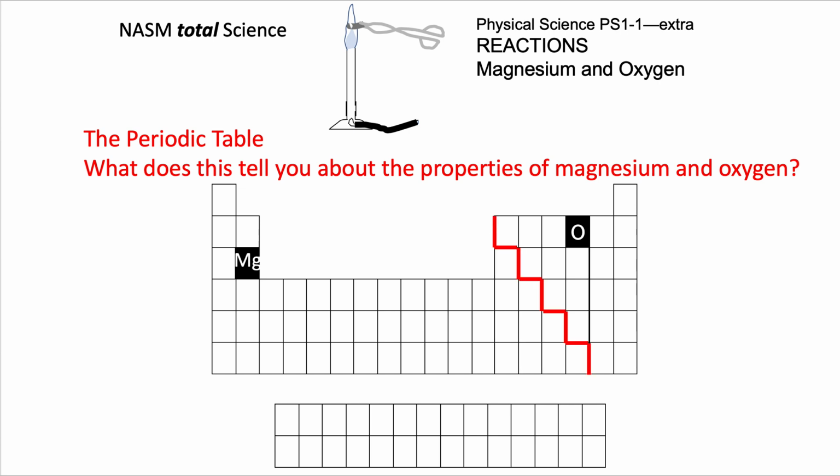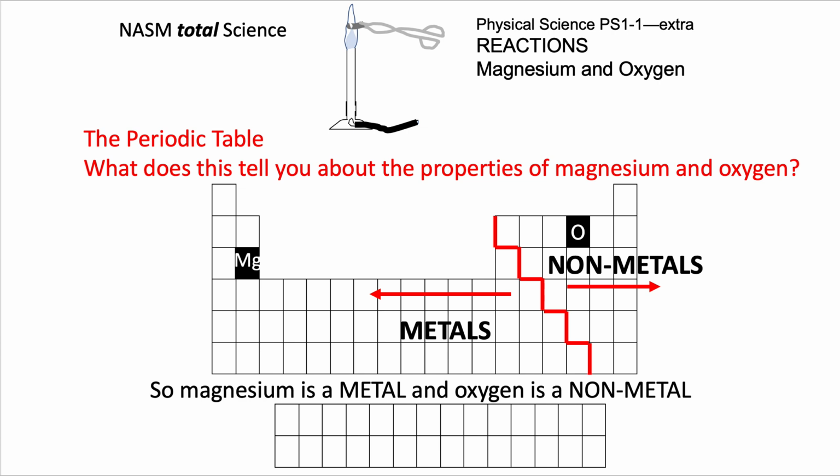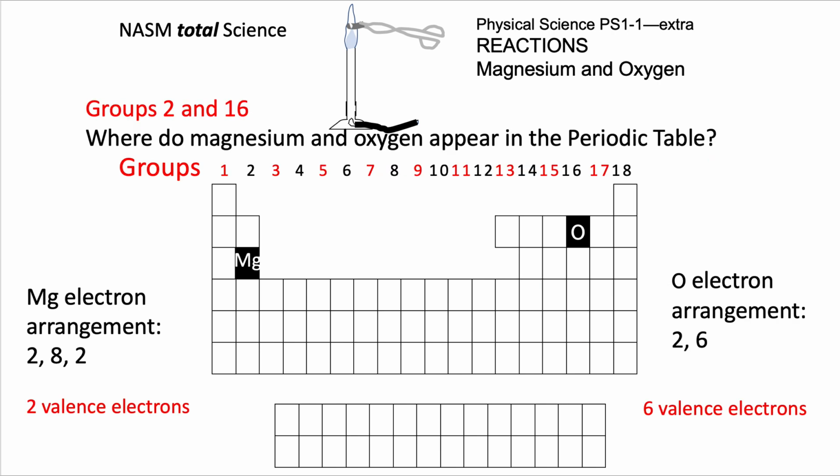And we can put the stepped line, the zigzag line, and that is going to separate the metals from the non-metals. So we know magnesium is going to be a metal, oxygen is going to be a non-metal.